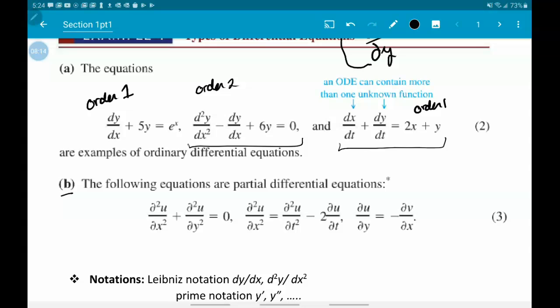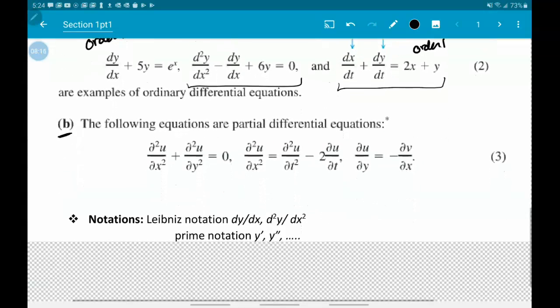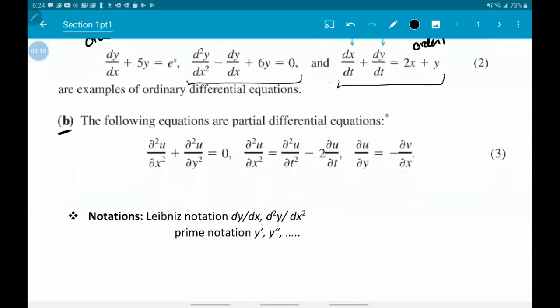Now, in part B, these are examples of partial differential equations. And the giveaway there really is that notation that lets you know that these are partials. This is a second partial of u with respect to x. This is a second partial of u with respect to y. This is a second partial of u with respect to x.